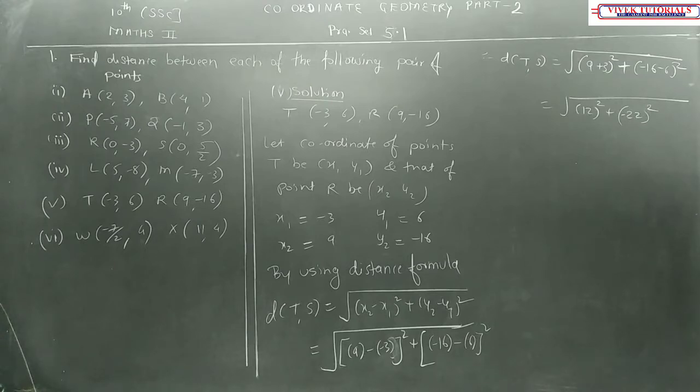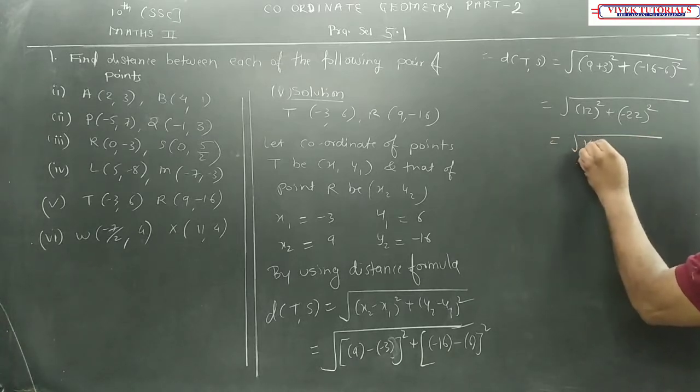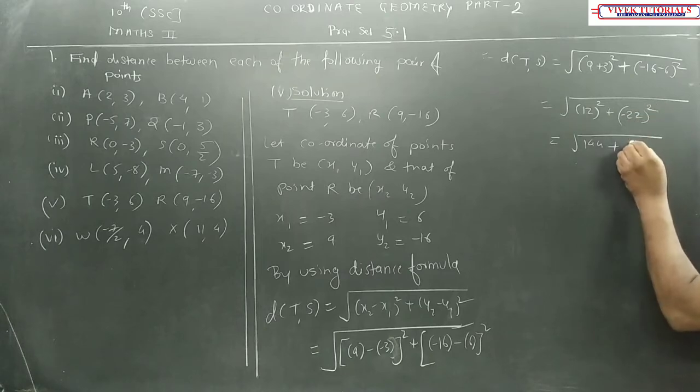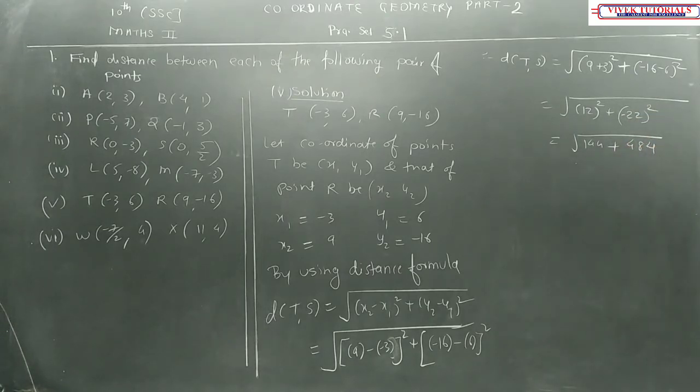So what we are getting is 144 plus, we know that 22 square is 484. Okay.